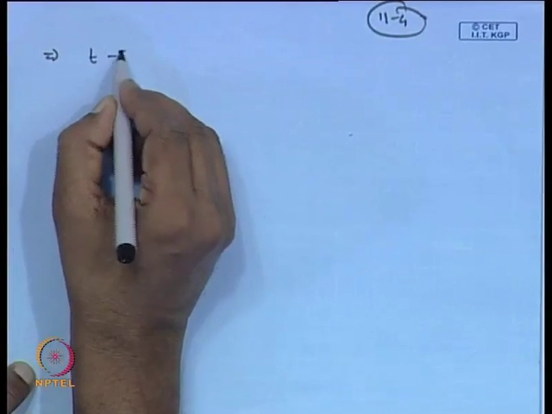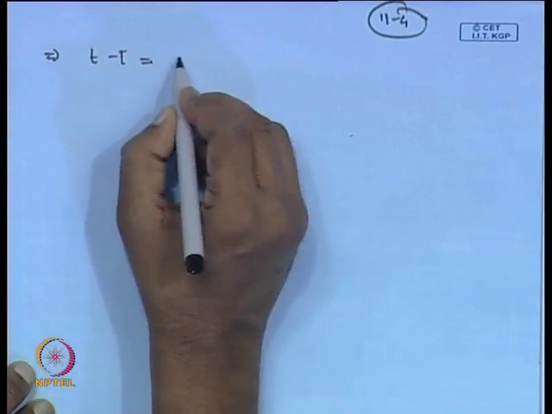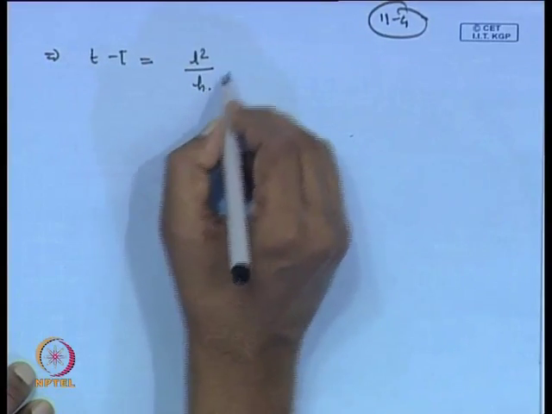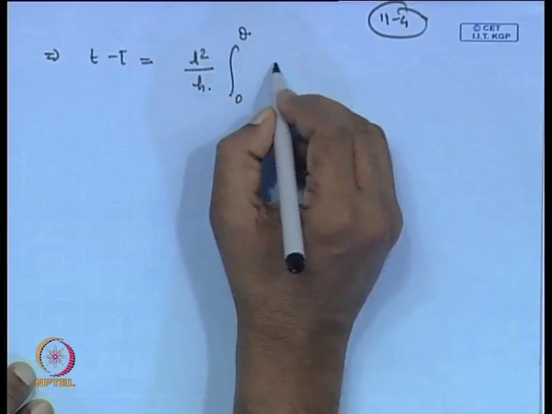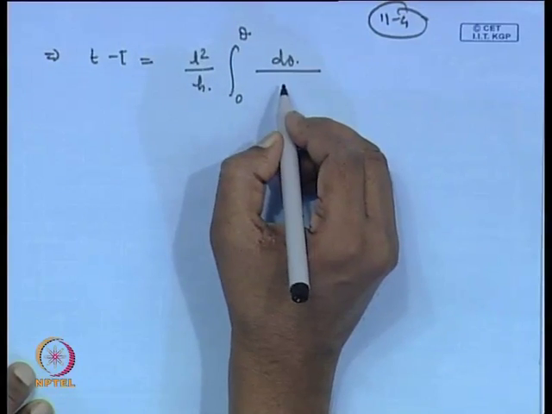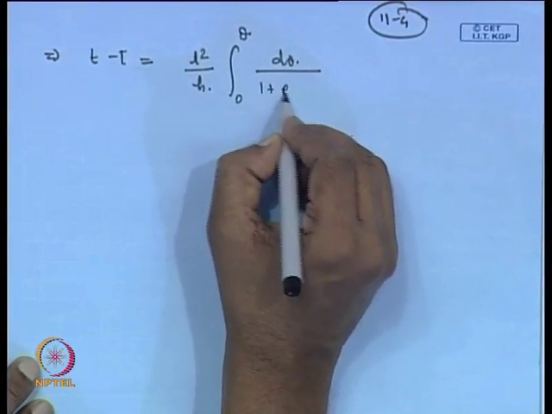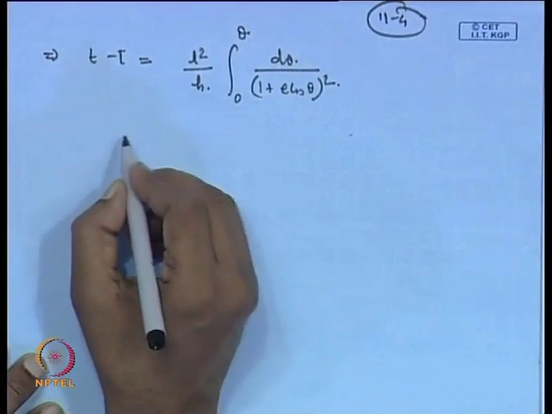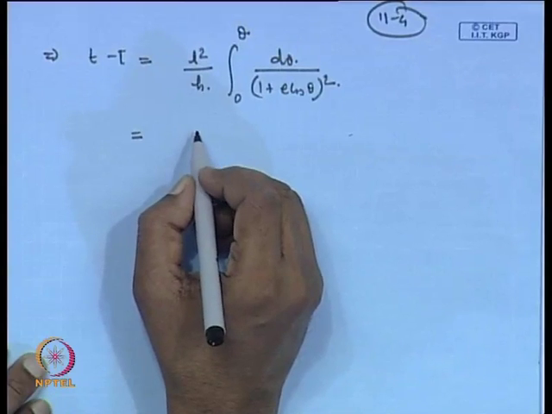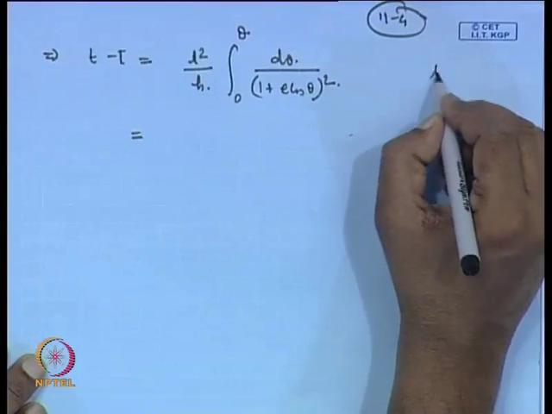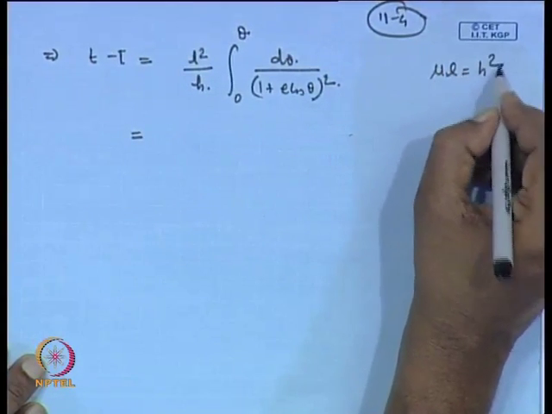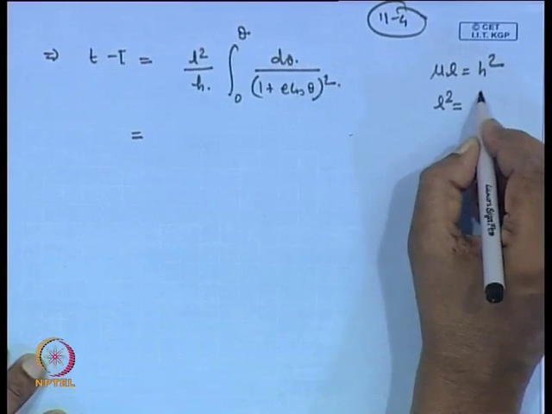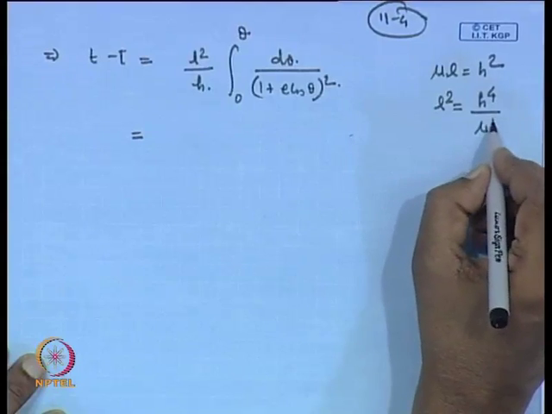So, this implies t minus t0 will be equal to L squared divided by mu, integral from 0 to theta of d theta by (1 plus e cos theta) whole squared. Now, we know that mu times L is nothing but h squared. So L squared will be h to the power 4 by mu squared.